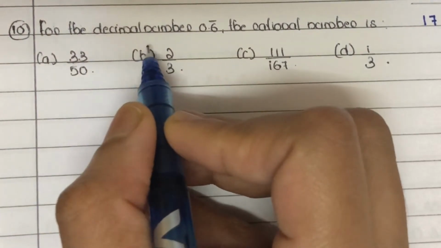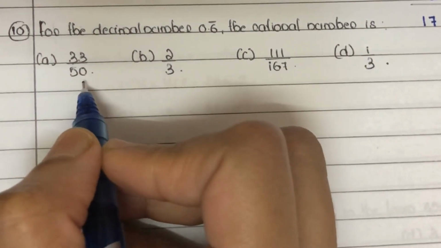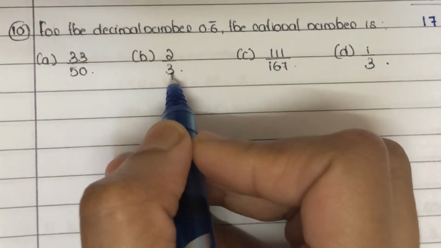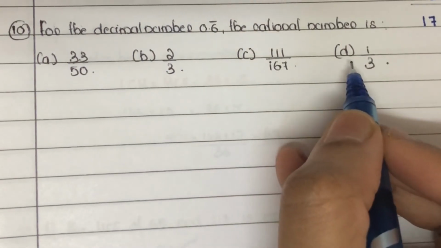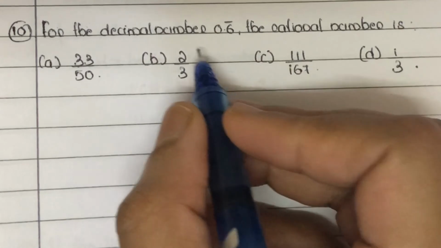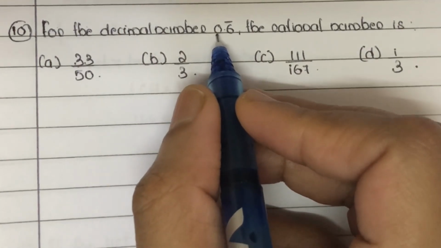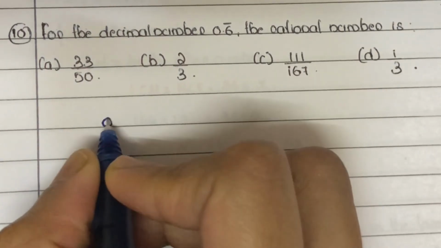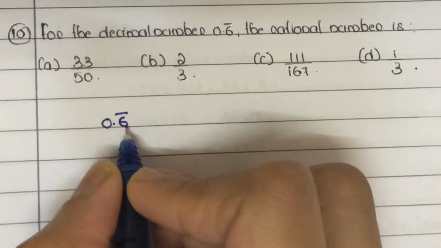Question number 10. For the decimal number 0.6 bar, the rational number is option A 33 by 50, option B 22 by 3, option C 111 by 167, option D 1 by 3. This type of problem you already studied in class 9th, right? So here the number is 0.6 bar. Okay, that is 0.6, 6 is the repeating unit, isn't it?